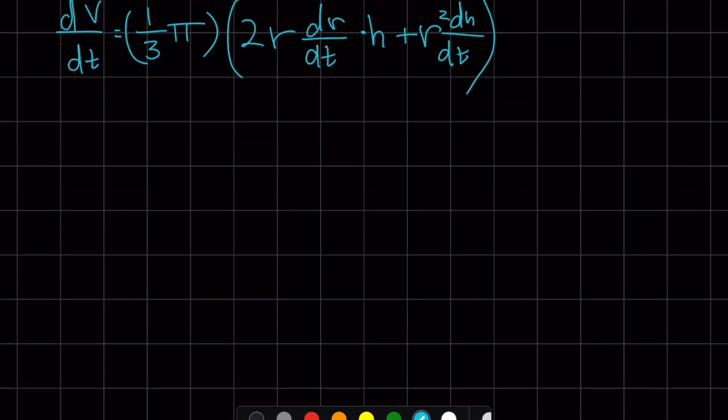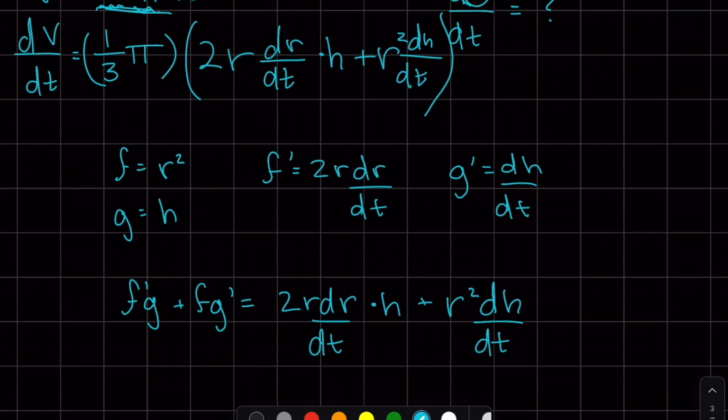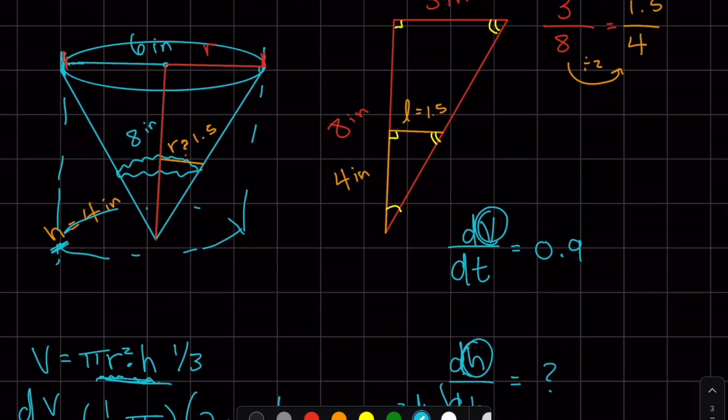Okay, so now that I have this derivative, I'm almost to my answer. Unfortunately, I have this dr over dt that I don't have any value for, and I don't really know what to do with it. So I need to relate this dr over dt either to dh over dt or dV over dt. If we think about earlier, we said that for this triangle, we're going to have a ratio of our side lengths.